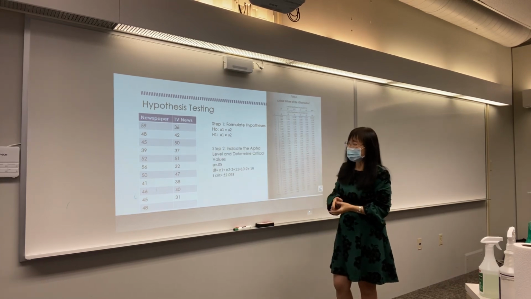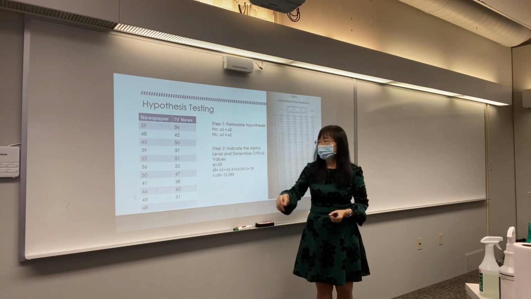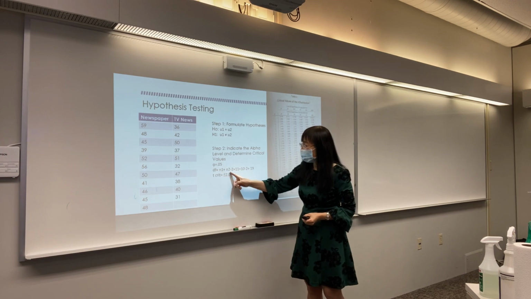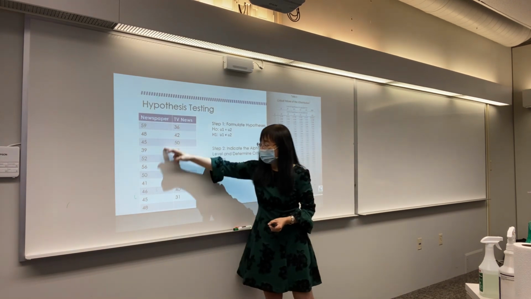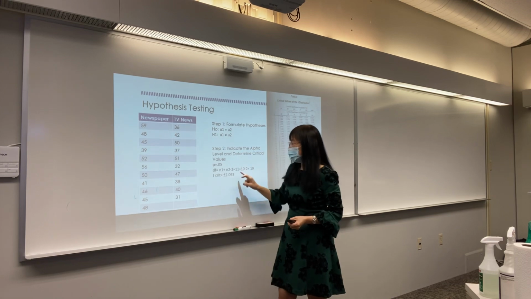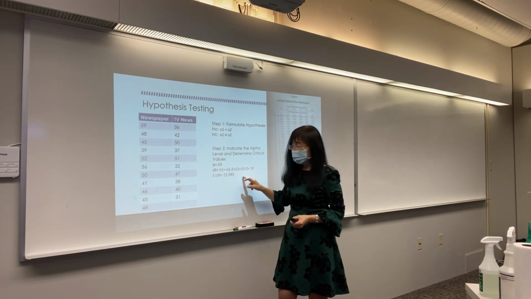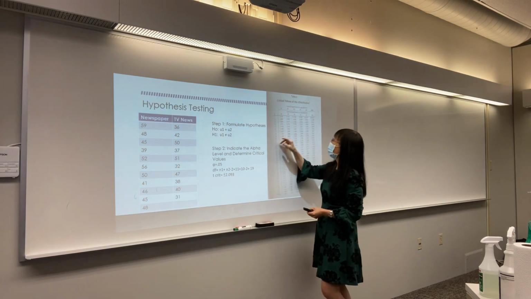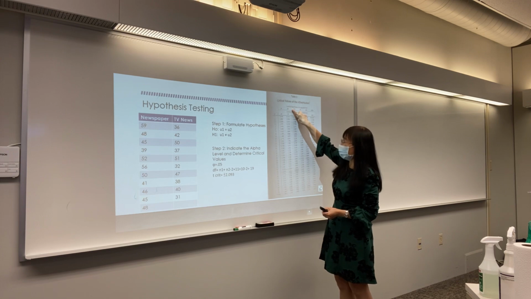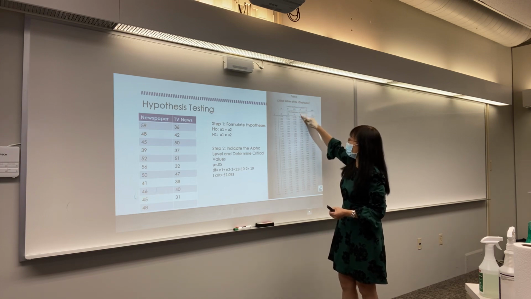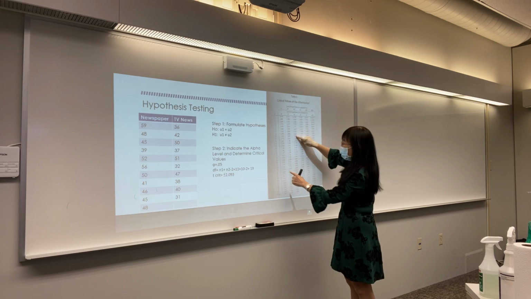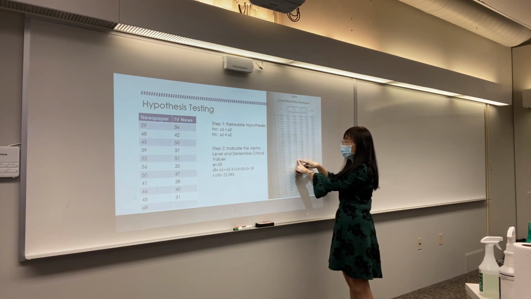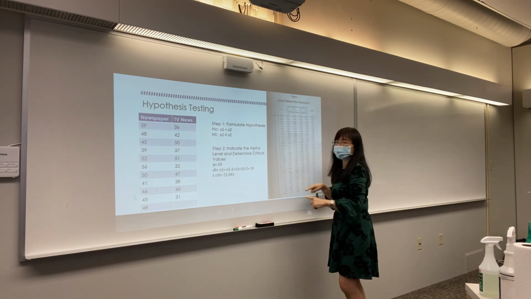So step 2, you have alpha level 0.05, and then your degree of freedom. Because there are different numbers, 11 and 10, so 11 plus 10 minus 2, you get 19. Using 2 tail, 0.05, and 19, we get positive and negative 2.093.